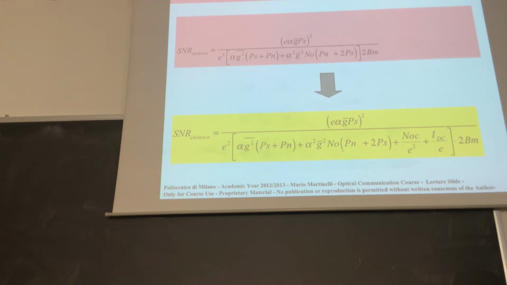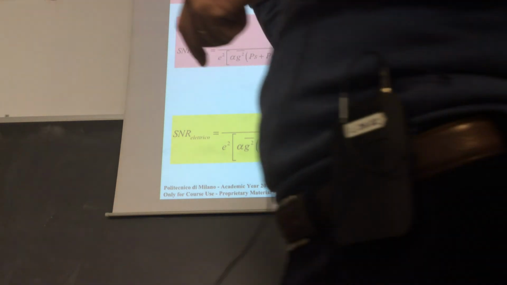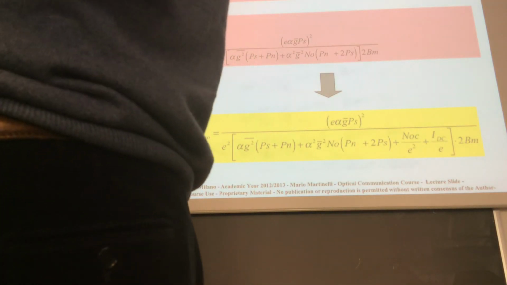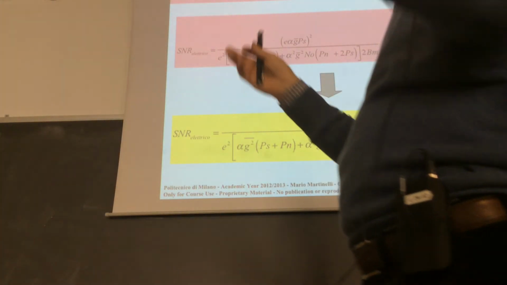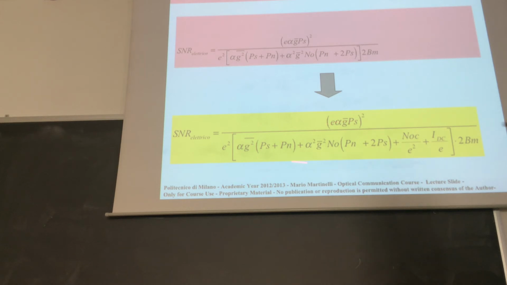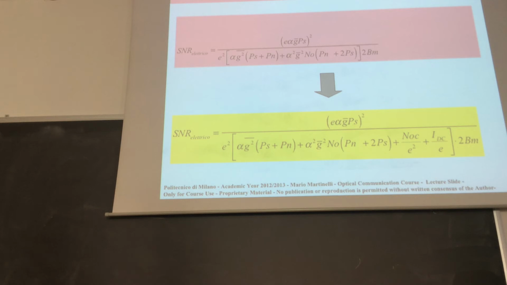Maybe I forgot some term. There are maybe terms closer to the DC, but since we consider a notch filter, all the 1 over f terms, all the typical noise terms in electronics, are removed, okay? So we don't consider this, because we use a notch filter, we remove all the DC terms. So this is exactly the main terms in the signal to noise ratio, okay? 90%, 98% are the important terms, okay?